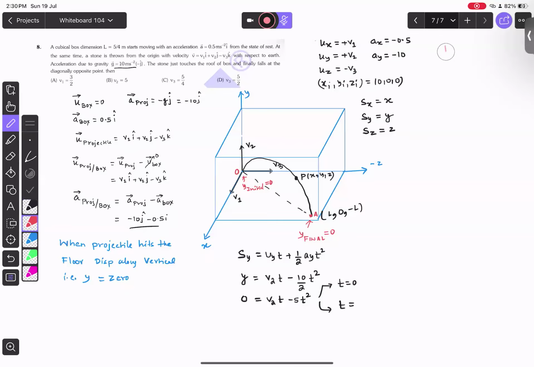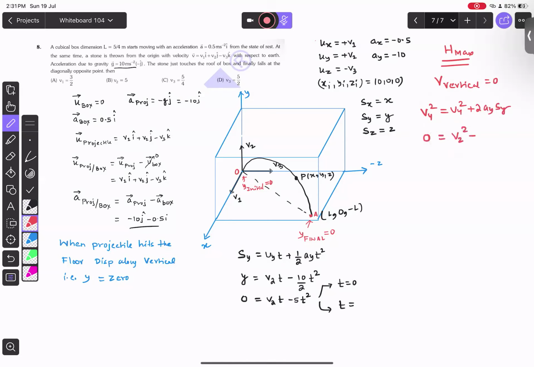So suppose I ask you what will be the H max. At H max, the velocity along vertical will be 0. So what I will do: Vy square equals Uy square plus twice Ay into Sy. At maximum height Vy is 0, Uy will be V2, so V2 square.